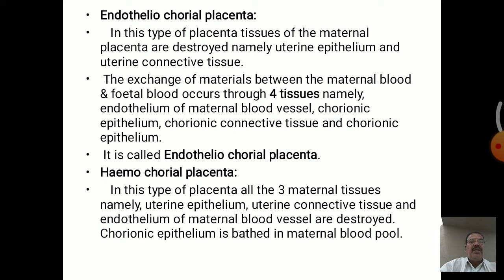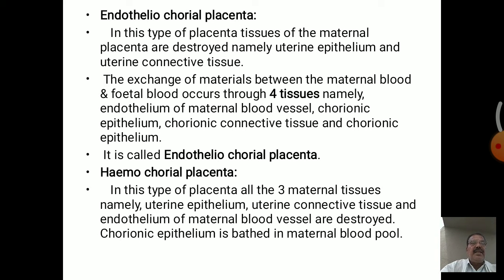Next one is endotheliochorial placenta. In the endotheliochorial placenta, two tissues of the maternal placenta are destroyed, namely uterine epithelium and uterine connective tissue. So uterine epithelium and uterine connective tissue are the maternal placenta.